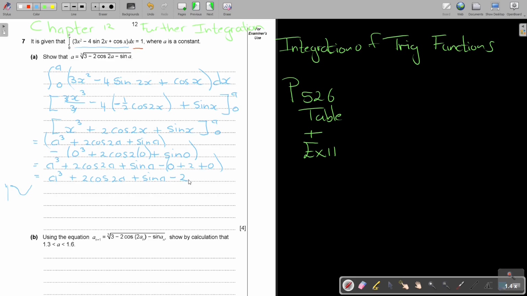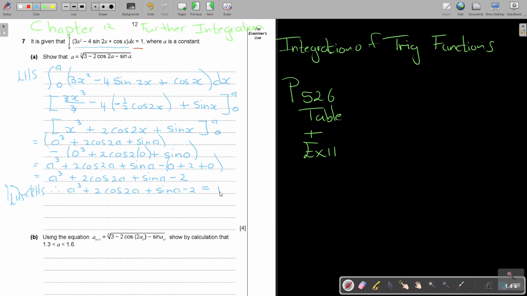I was just working with the left-hand side, and now I'm going to put the left-hand side equal to the right-hand side. So a cubed plus 2 cos 2a plus sin a minus 2 will be equal to 1.